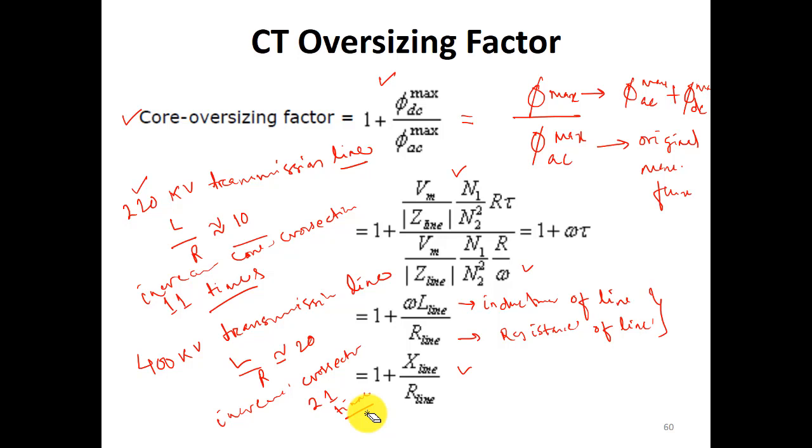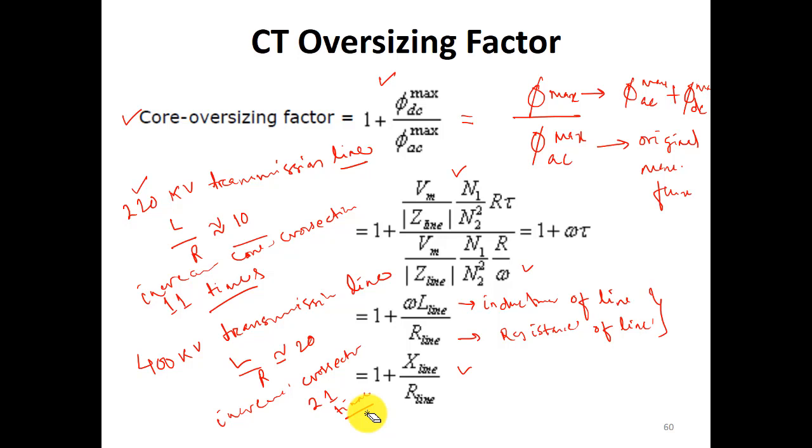Therefore, it is generally avoided to consider this oversizing factor in design, and your CT will be designed based on the AC flux requirement, or the symmetrical fault current because of the AC component only.